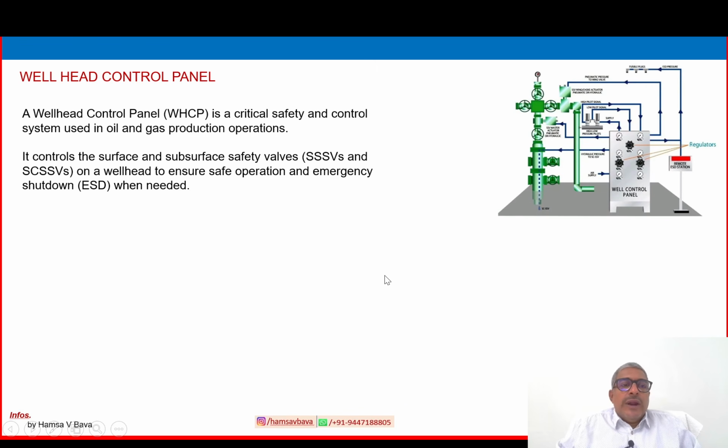Both are there on a wellhead to ensure safe operation and emergency shutdown. That is very important. We have discussed in many videos what emergency shutdown is, how it works, and the logic behind it to protect the facility from abnormal and hazardous operation. You can review that also.